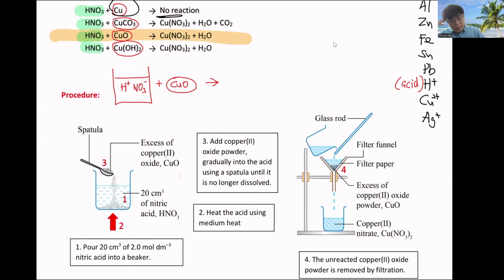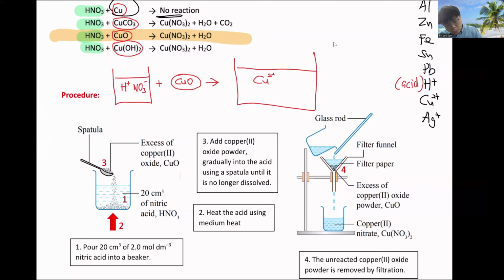So when you add the copper 2 oxide powder into the nitric acid, at the end you will get copper 2 nitrate. But we have one problem here: copper 2 nitrate is soluble.